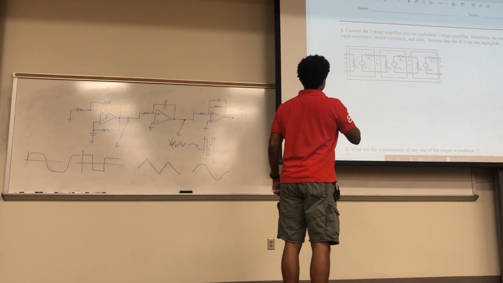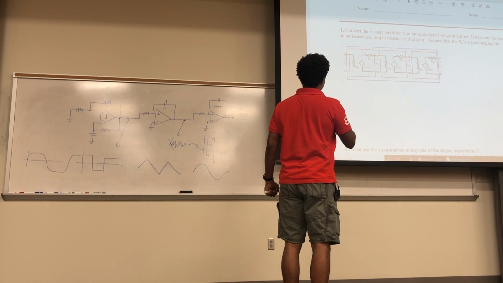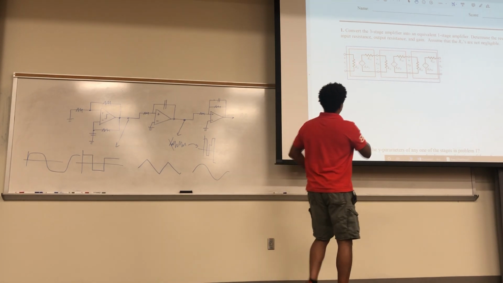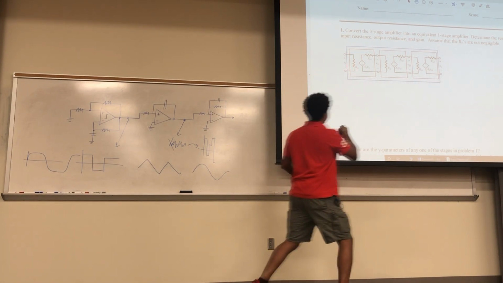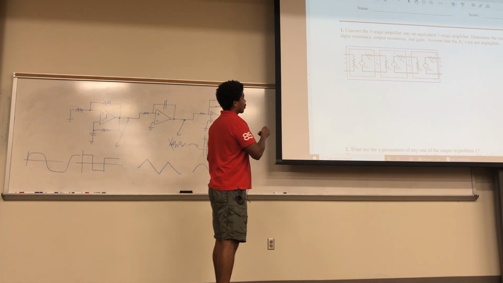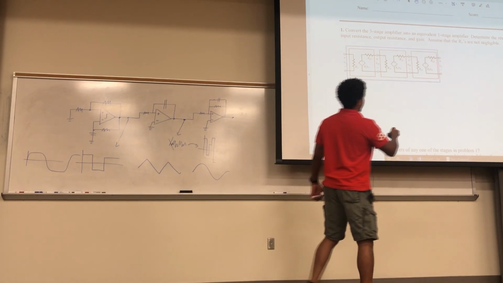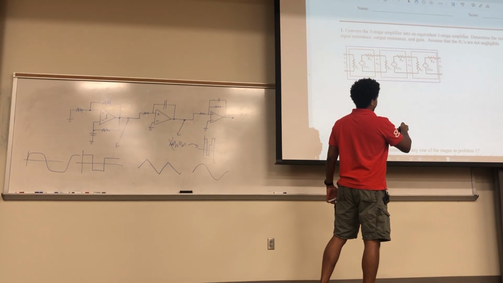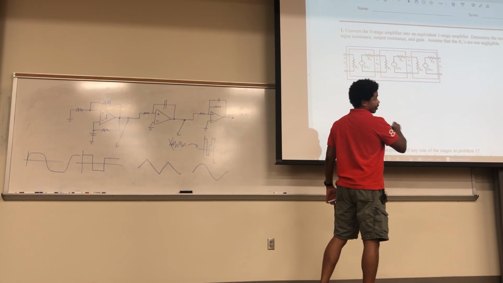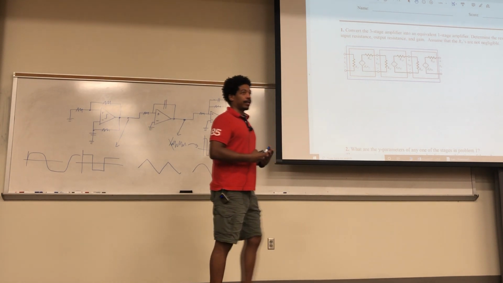Oh, so the input resistance, the output resistance, those are actually the same. This is going to be your input resistance. And a way to think about it is like if you're looking at it this direction, you're going to see this right here, that first resistor. And then same thing back here, all you're going to see is that output resistor. You're not going to see these other resistors in terms of input and output.